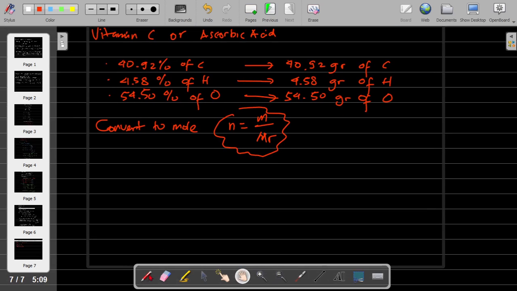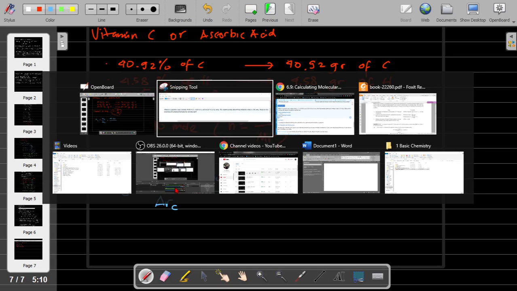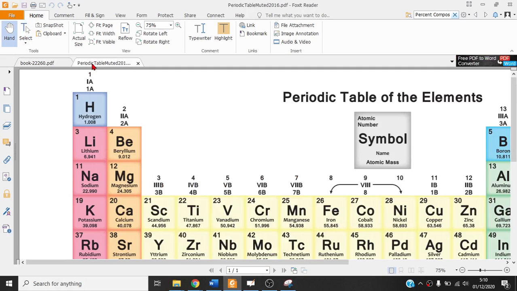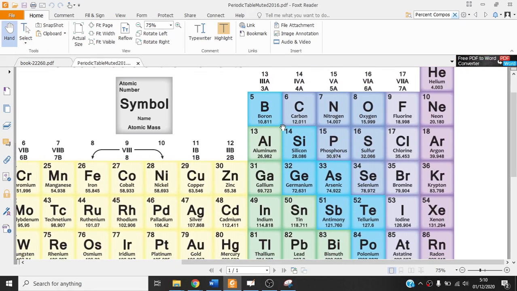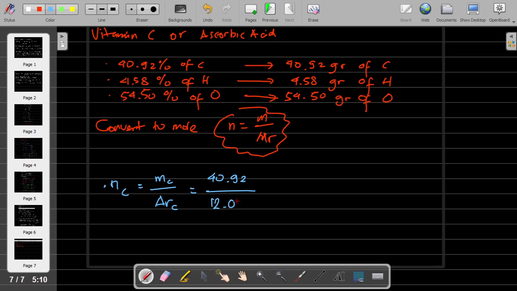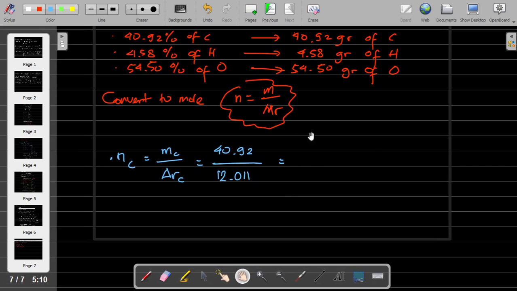So the first one, mole of C, is mass of C divided by the molar mass of C. The mass of C is 40.92 divided by the molar mass of C, which is 12.011. I will calculate later.